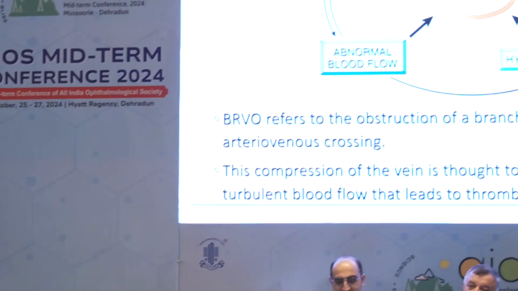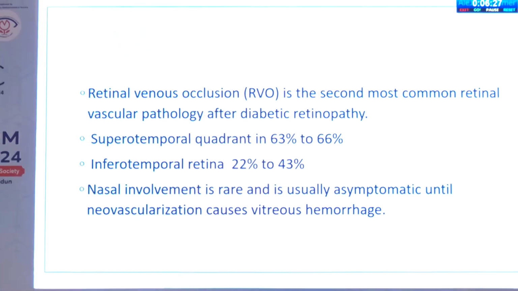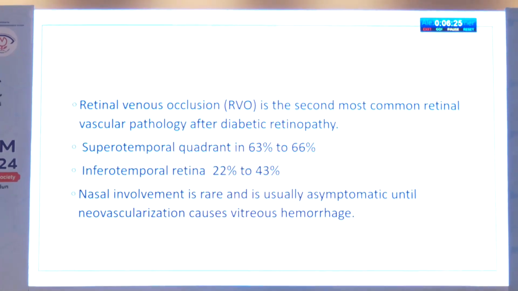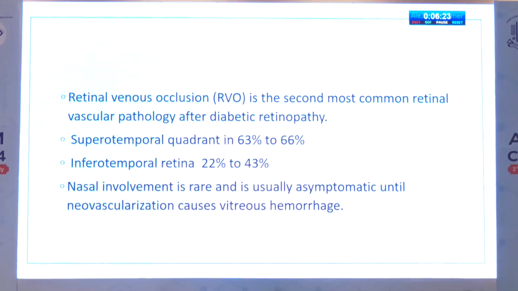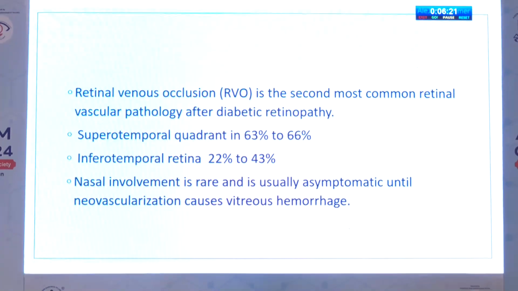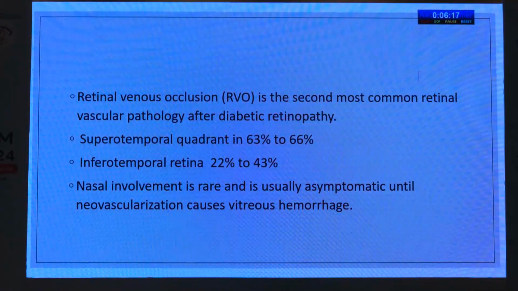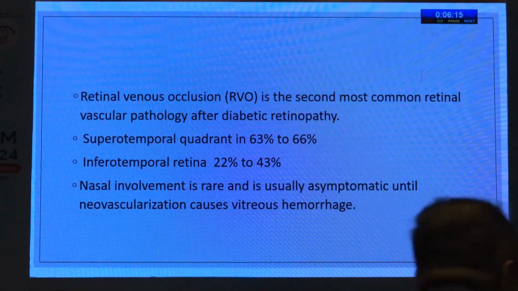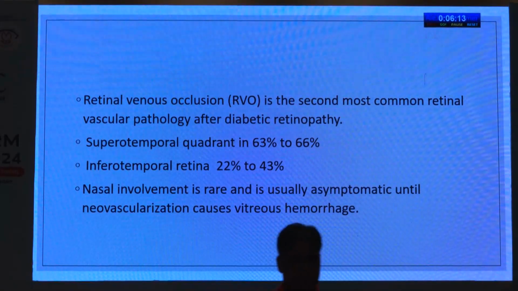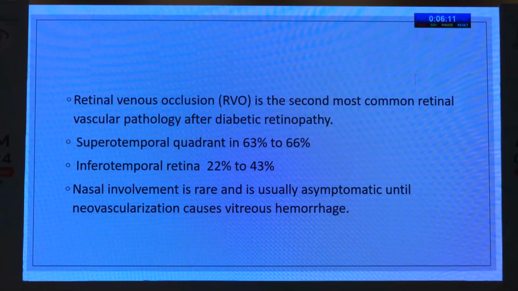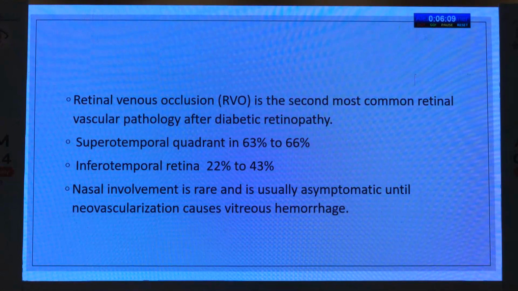The compression of the vein is thought to cause endothelial cell loss and turbulent blood flow, which leads to thrombus formation. It is the second most common retinal vascular pathology after diabetic retinopathy, most commonly seen in the superotemporal quadrant and also in the inferotemporal retina. Nasal involvement is rare and usually asymptomatic until neovascularization causes a vitreous hemorrhage.